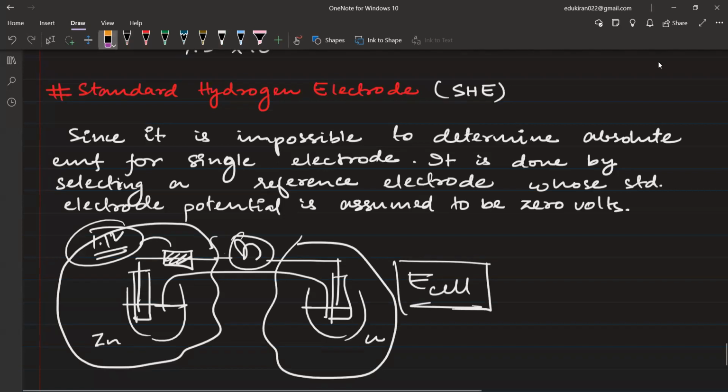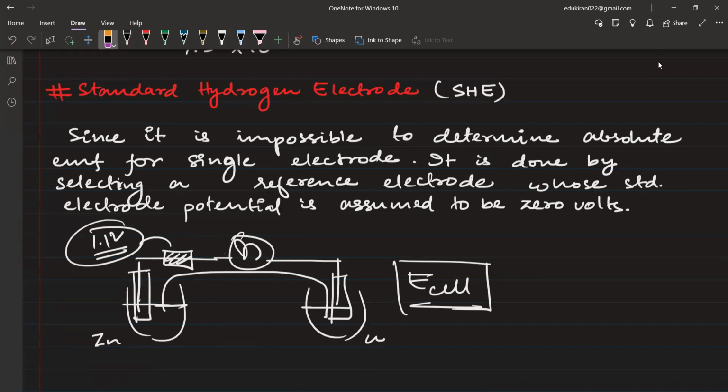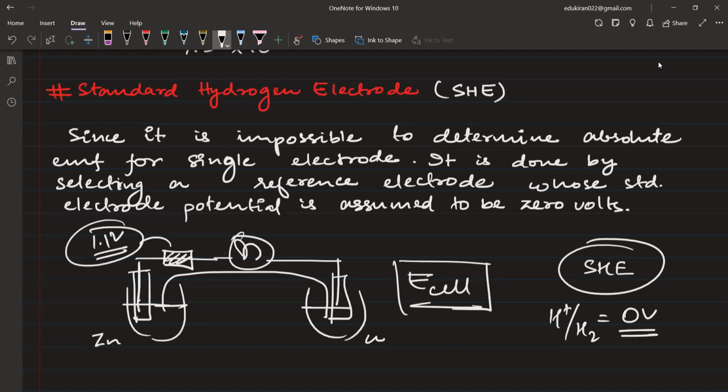So they said that, okay, fine, what we can do is take a standard reference. For example, they took SHE, the hydrogen electrode, as the reference electrode. And we will say that this reaction, H plus to H2, is happening at 0 volts. Now, here we have SHE, and here we have zinc.